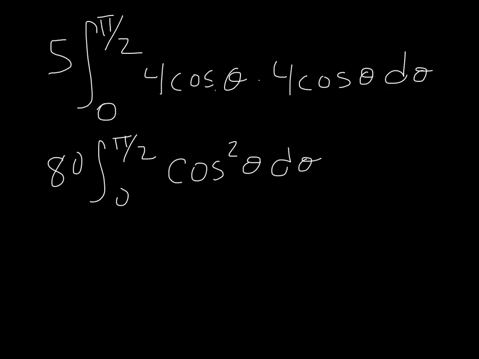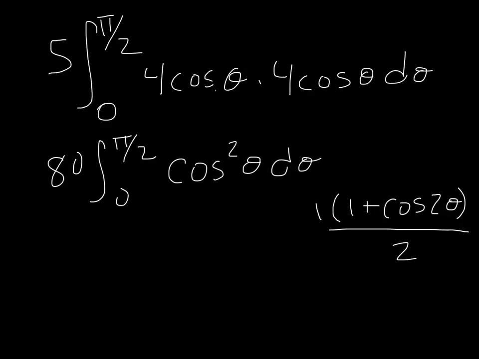And we could also use the half angle identities to change the cosine squared theta to 1 plus cosine 2 theta all over 2. So the 1 half is a constant.